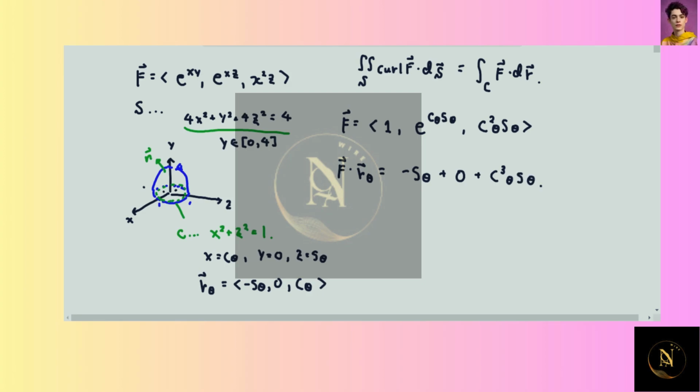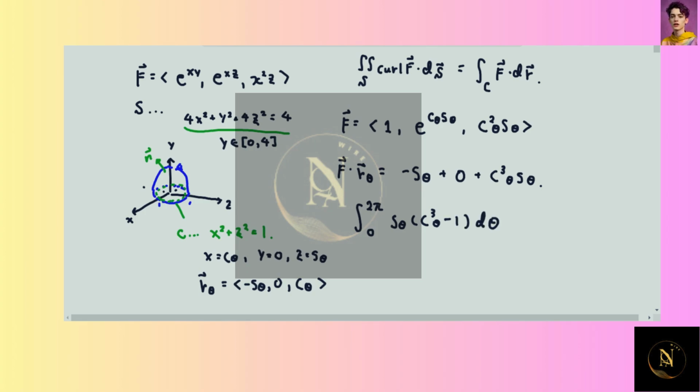Okay, so all we have to do is to evaluate this thing. So it is an integration. We already found the parameter of theta. It's from 0 to 2 pi. It's one entire revolution. And I can factor out a sine just for simpler notation, cosine cubed theta minus 1 d theta.